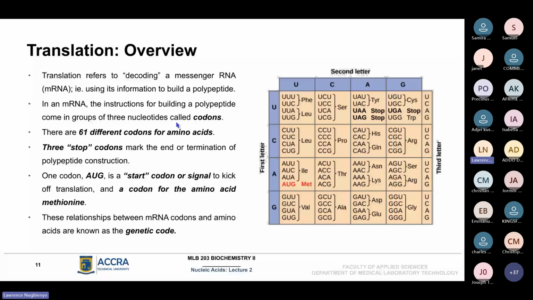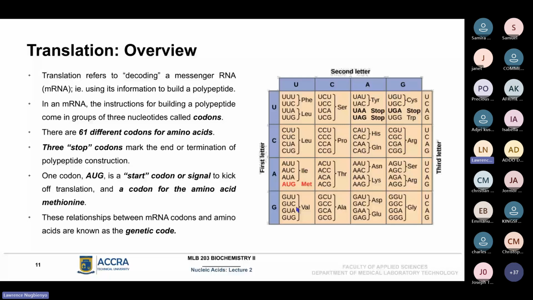And you can see that they are labeled to show that. So for instance, these codons code for phenylalanine. These ones will code for leucine. These will also code for leucine. These will code for isoleucine. These will code for valine.